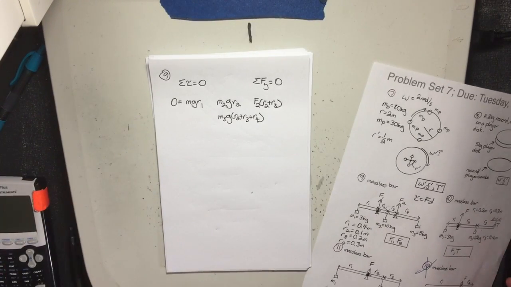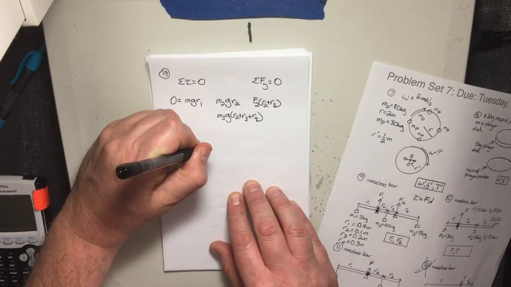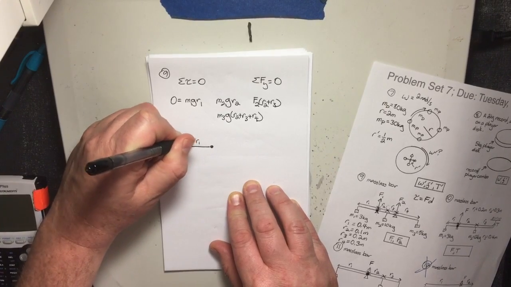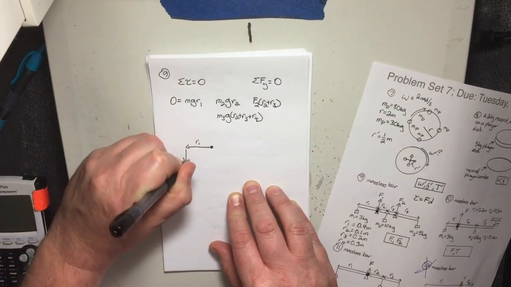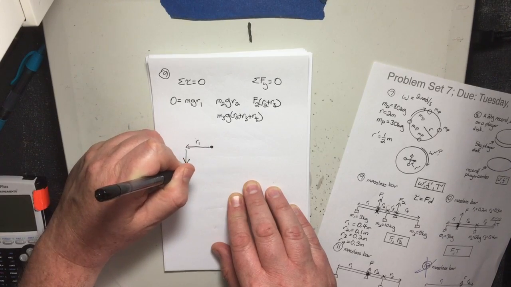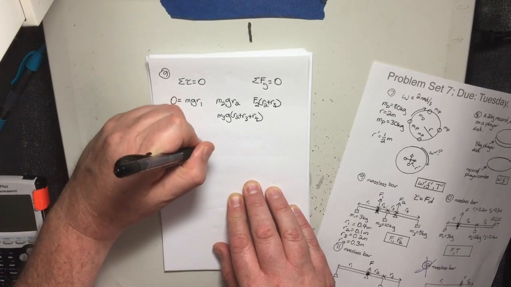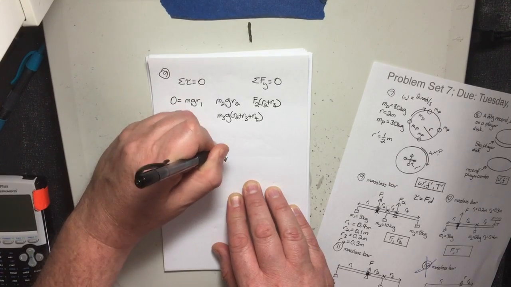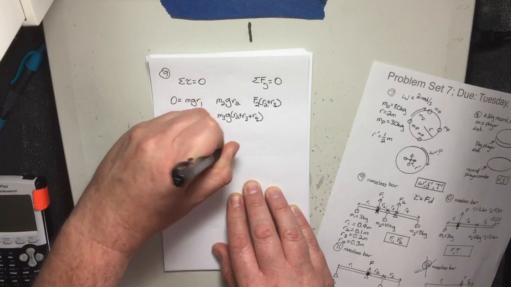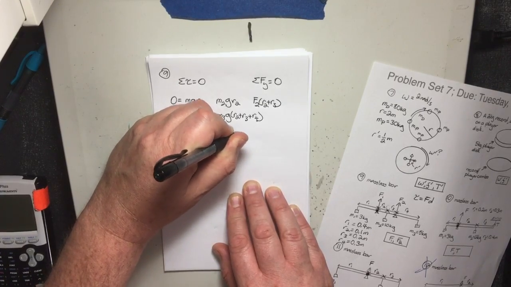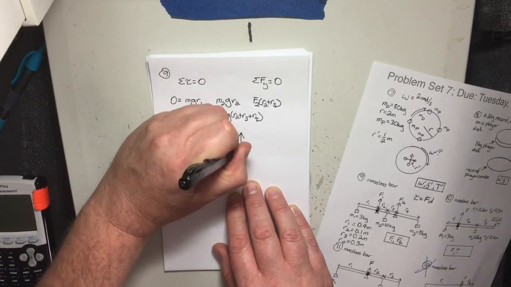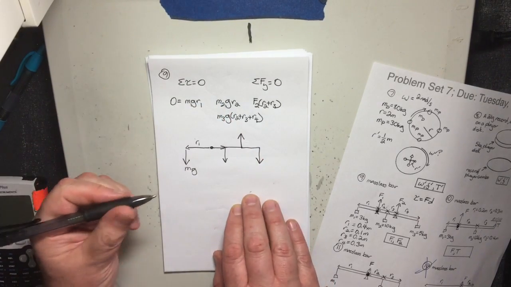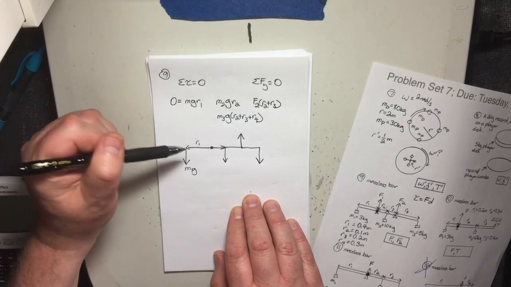Now comes the right-hand rule. The rotation point is there. R1 is to the left. M1G is down. Torque 2 is to the right and down. F2 is to the right and up. And M3G is to the right and down. And what we're doing is we're figuring our signs.